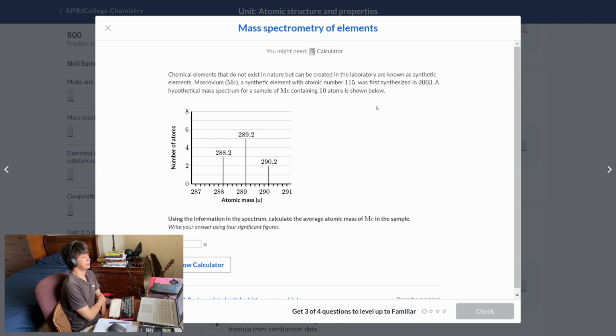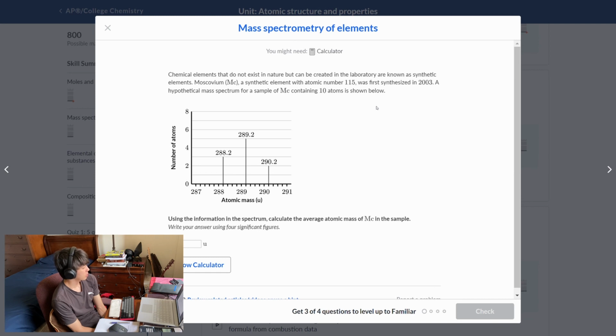So it looks like we have 3 atoms with an atomic mass of 288.2, which makes sense. What is a spectrum? Is it like the atomic mass spectrum? Oh yeah, okay, I just read that.